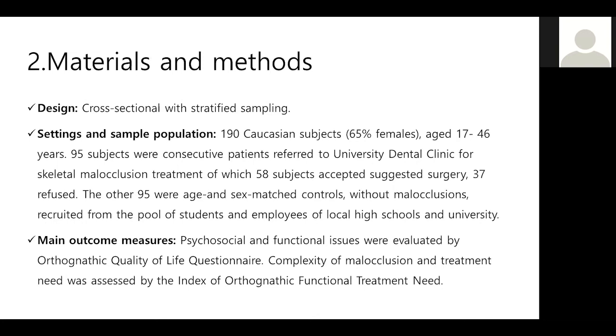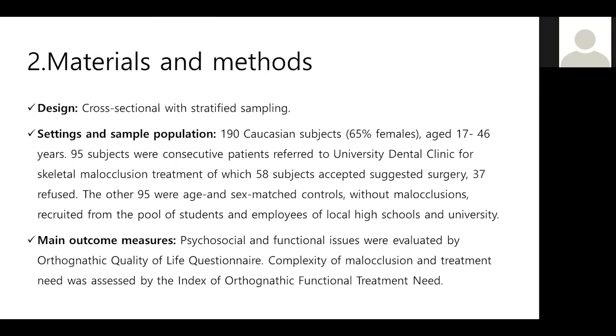Materials and methods. This paper was designed as cross-sectional with stratified sampling, of 190 Caucasian subjects aged 17 to 46 years. 95 subjects were consecutive patients referred to a university dental clinic for skeletal malocclusion treatment, of which 58 subjects accepted the suggested surgery and 37 refused.